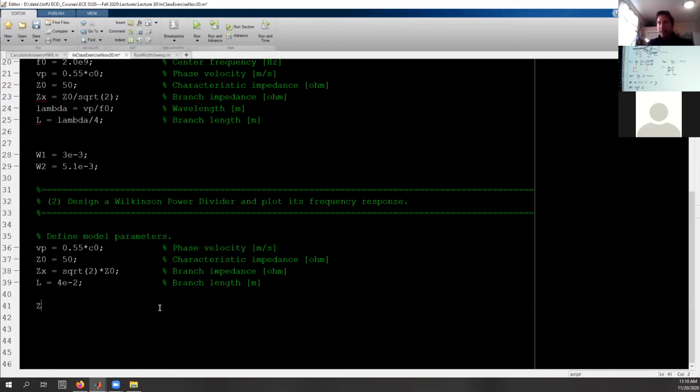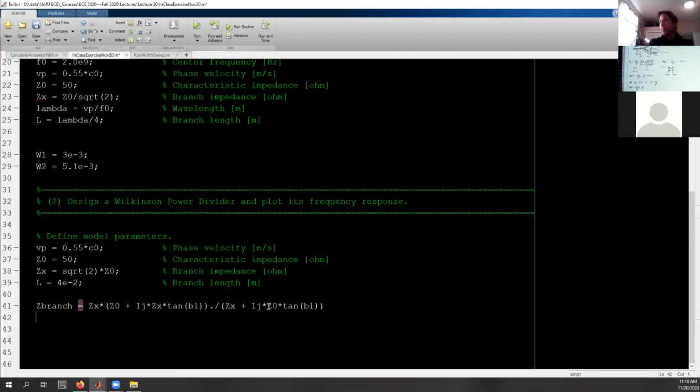So my Z in, or let's call it Z branch, is going to be Zx, which we'll call the branch impedance, times Z naught plus j times tangent of beta L, which we'll calculate in a minute, divided by, sorry, that needs to be Zx times that.